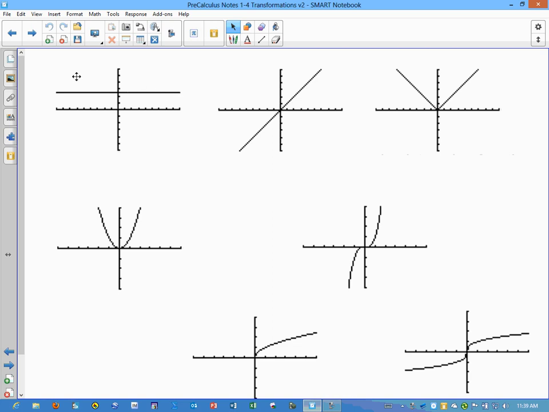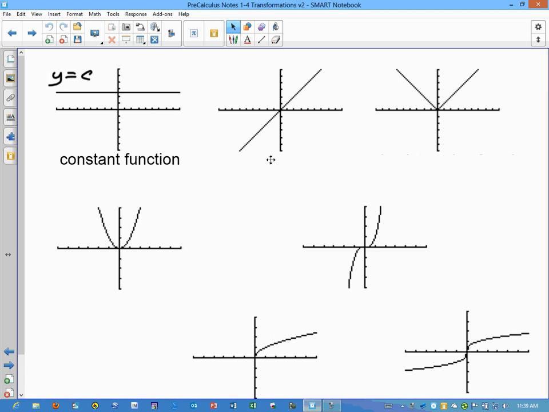So the name of that, of course, is a constant function, because that value is remaining constant. And that can be expressed with an equation such as y equals c, where c stands for some constant, some number. So y equals 5, y equals 2, y equals 3, or here y equals 5 halves. That would be our constant function.